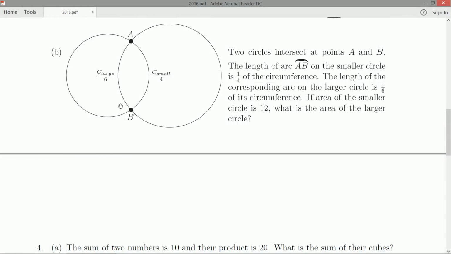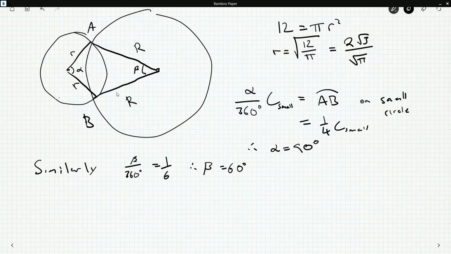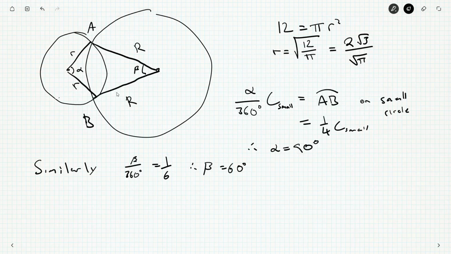Now, unfortunately, I can't say that these two lengths here are equal, but maybe we can draw a picture. Well, we have a picture, but let's connect up the radii here. So okay, hold on, wrong connection to make, that's okay.